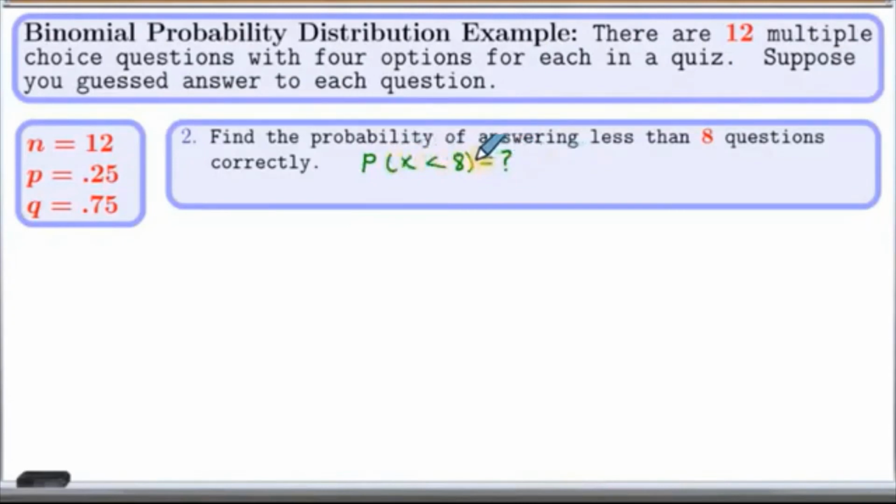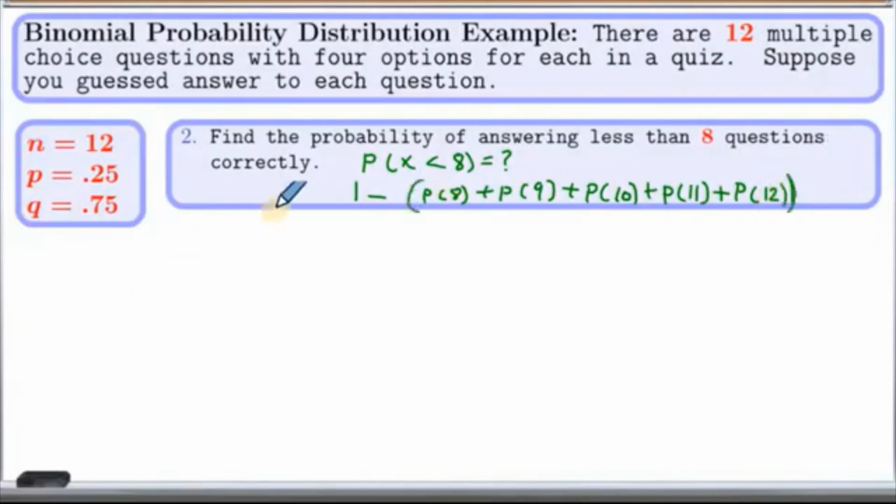To find this probability, we can either find the probability of 0, 1, 2, 3, 4, 5, 6, 7, and add those together. Or what we can do is just do 1 minus the probability of 8 plus the probability of 9 plus the probability of 10 plus the probability of 11 and the probability of 12.